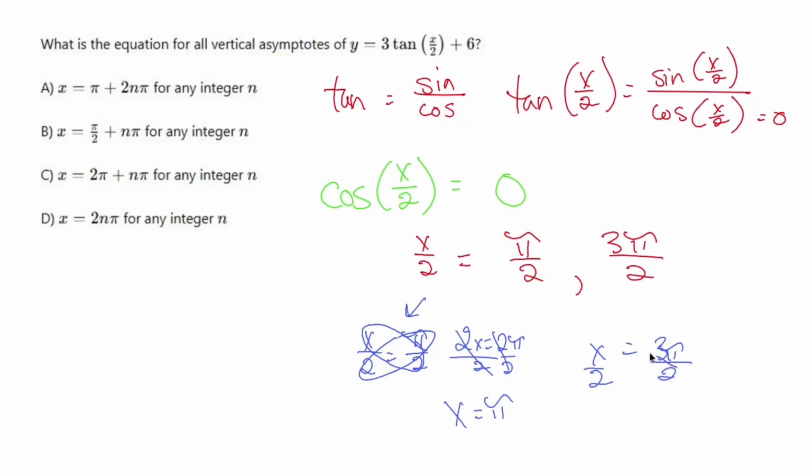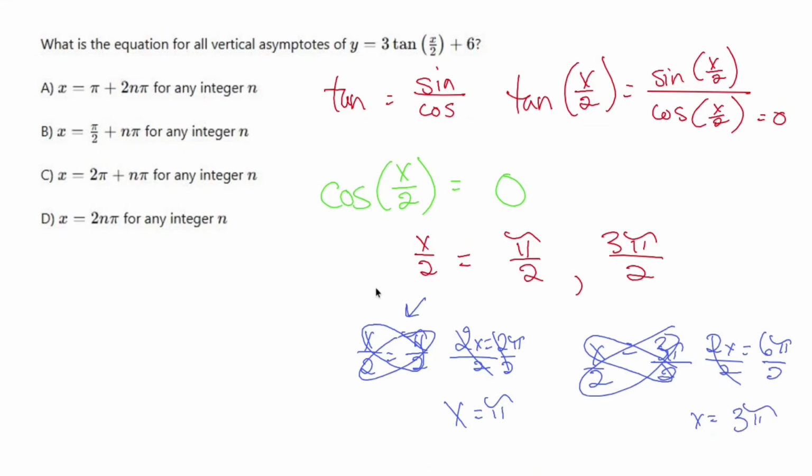Similarly, cross multiply, 2x equals 6 pi, divide by 2, and x is going to equal 3 pi.